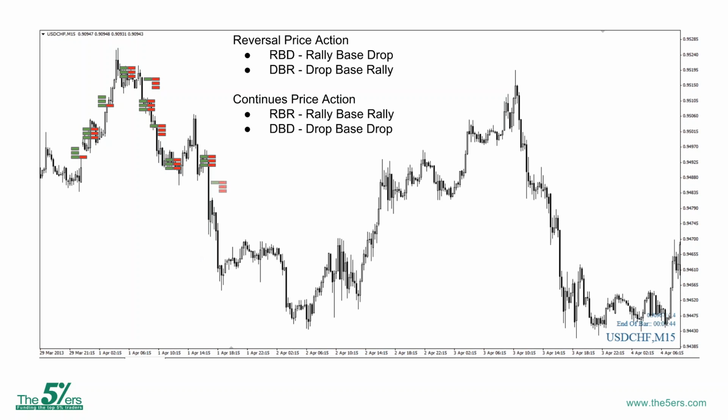statement. Okay, so we have a base, and we have an equivalent amount of buyers and sellers, and then price drops, it means we have more sellers, and then price bases again, we have another balanced situation, and then price drops, we have more sellers than buyers, right?